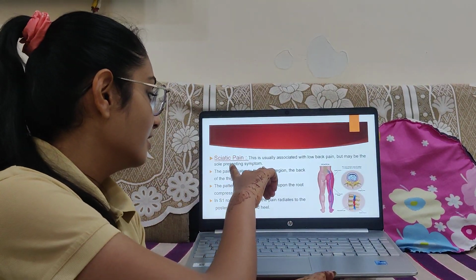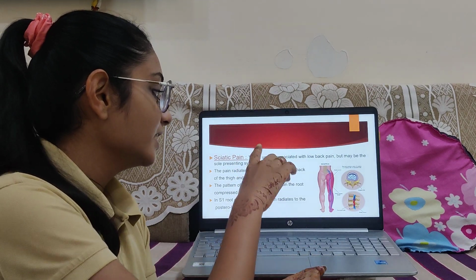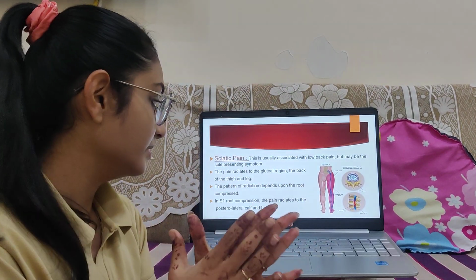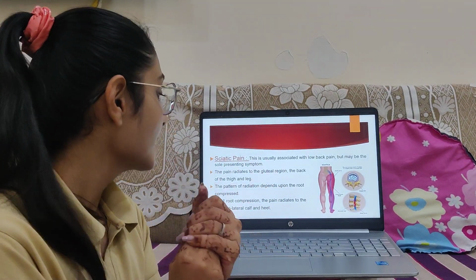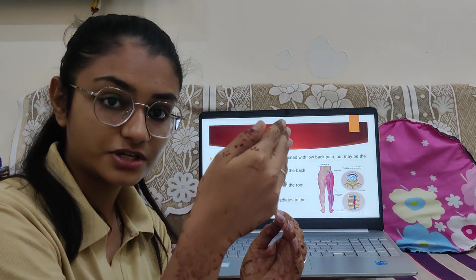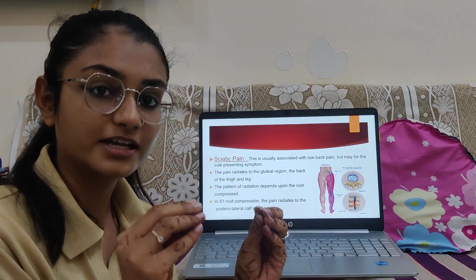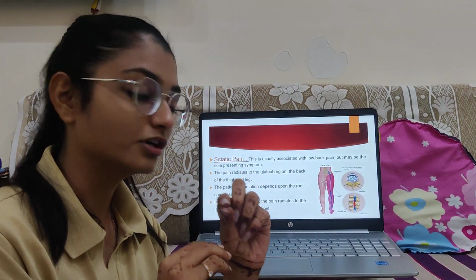Now, sciatica. Sciatic pain is usually associated with low back pain, but may be the sole presenting symptom. The pain radiates to the gluteal region, back of the thigh, and the leg, and the pain radiation depends upon the compression of the nerve roots.